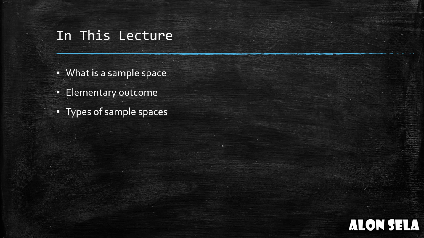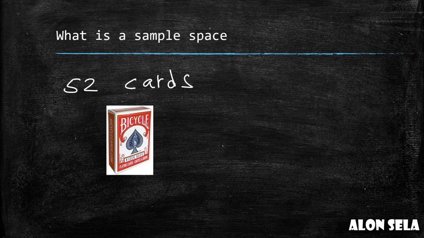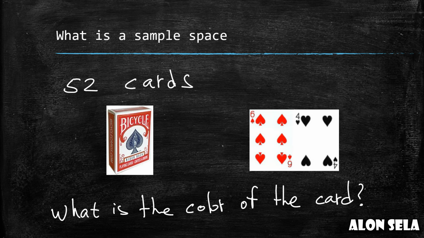Let's get started. So, what is a sample space? Let's take an example of 52 cards in a deck of cards, and we're going to ask the question, what is the color of the card that we are randomly choosing? In this case, because there are only two colors, red and black, we have only two outcomes.